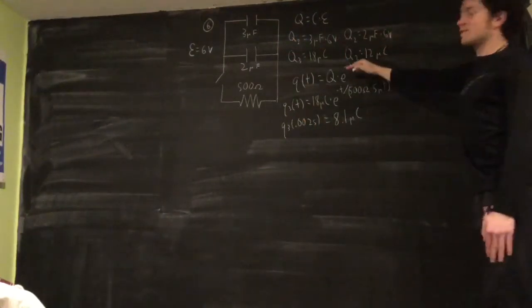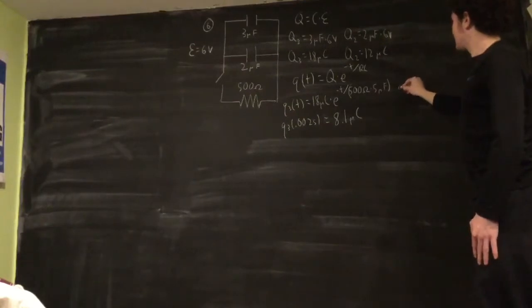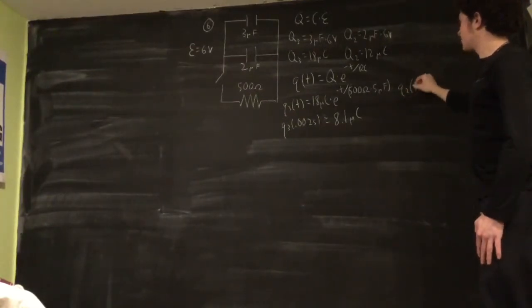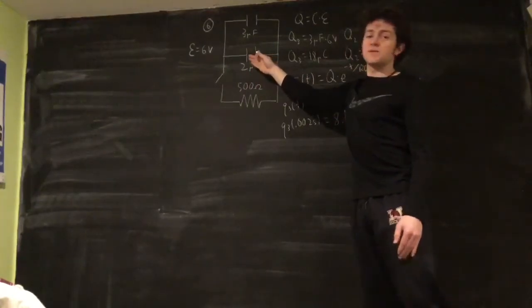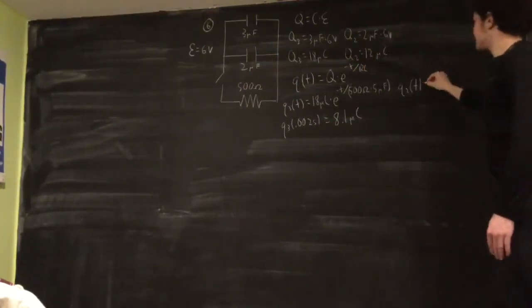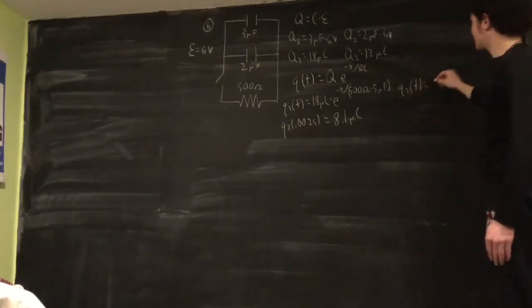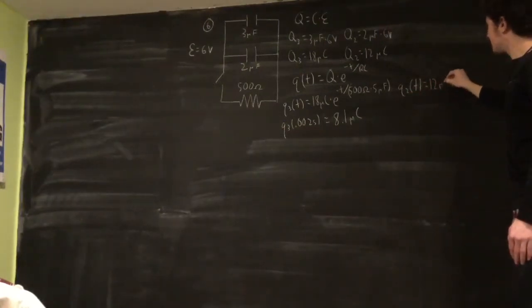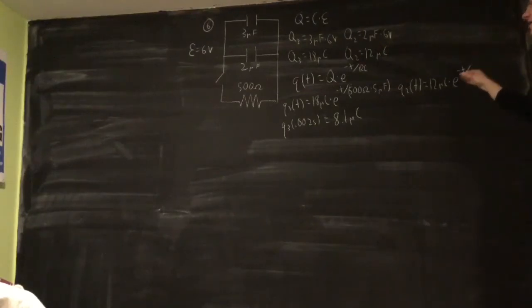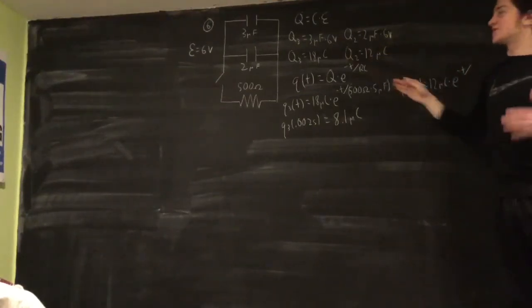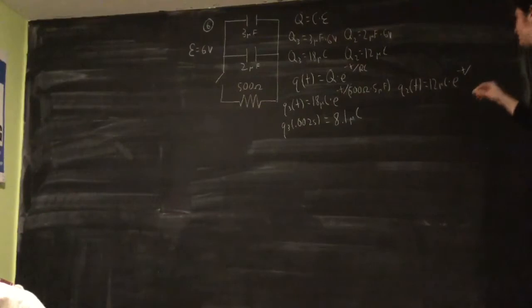In a similar way, using the same equation here, you could solve Q2 of T, which is the charge on this capacitor over time. This is equal to the original charge there, 12 microcoulombs. Again, negative T over RC, the C is the total capacitance in the circuit.